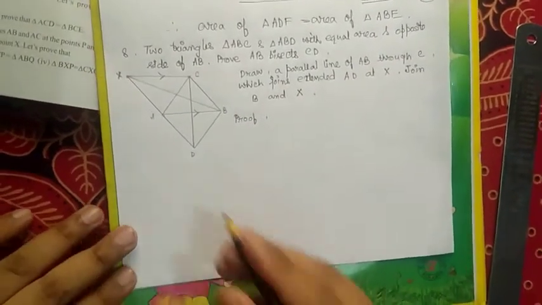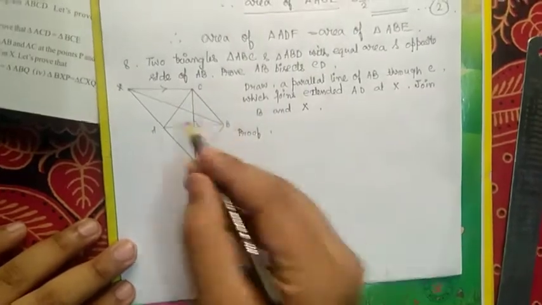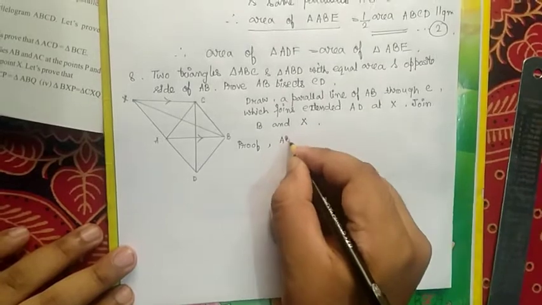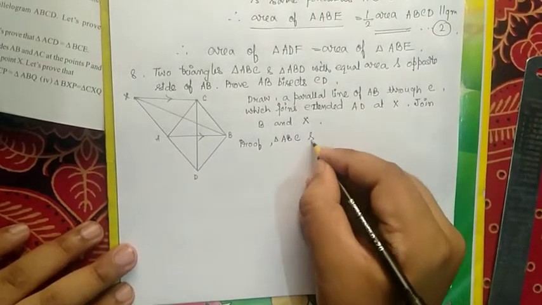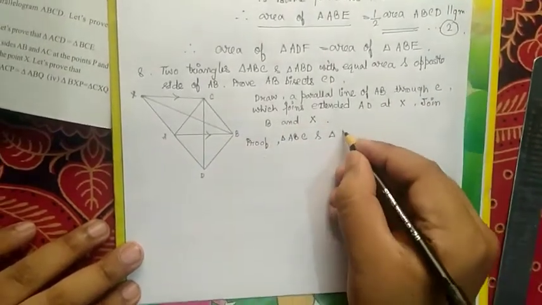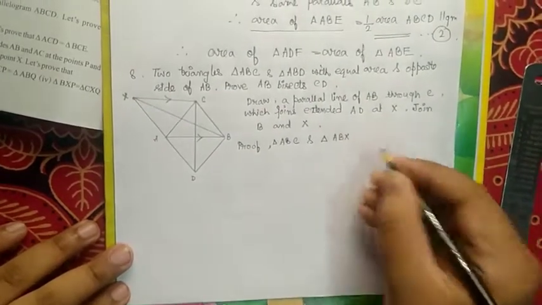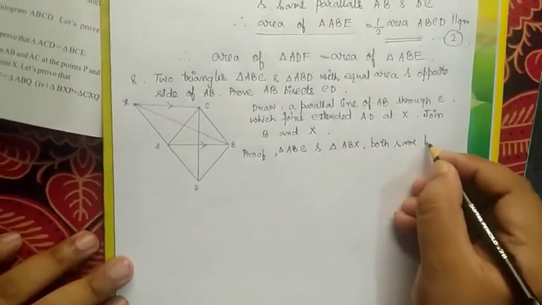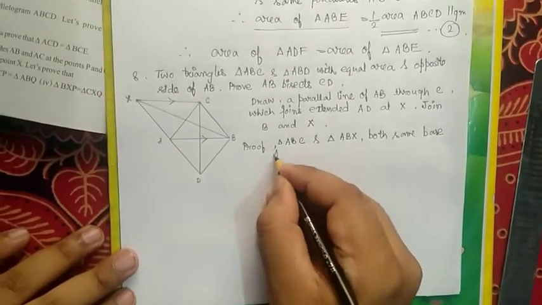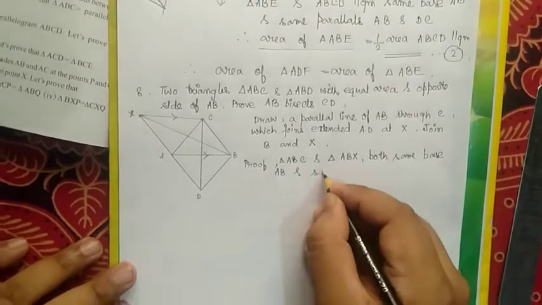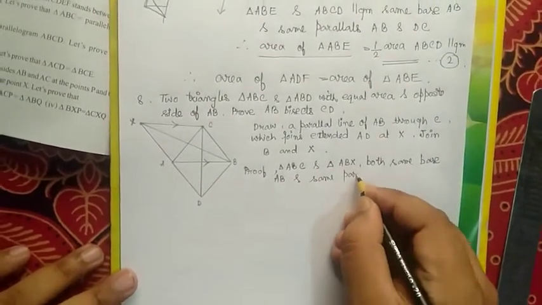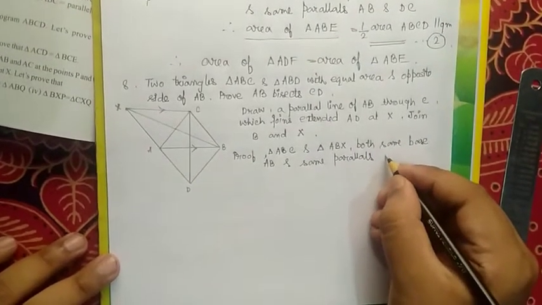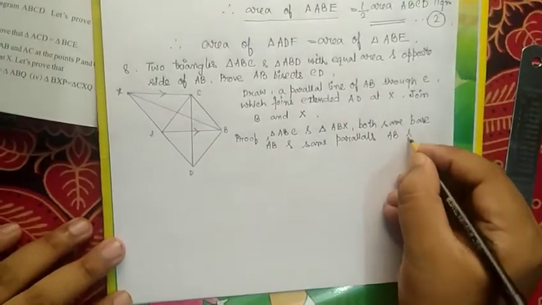First of all, triangle ABC and triangle ABX, both are on the same base AB and between the same parallels, AB and CX.